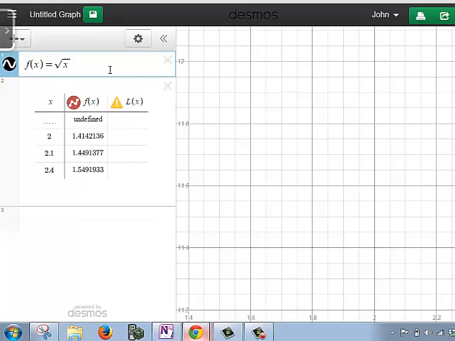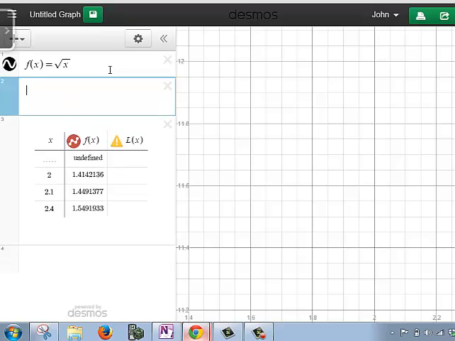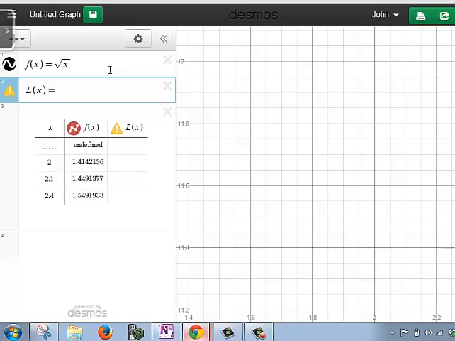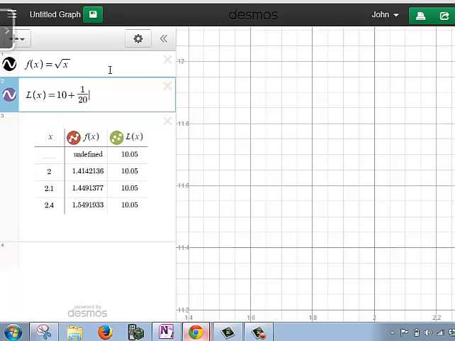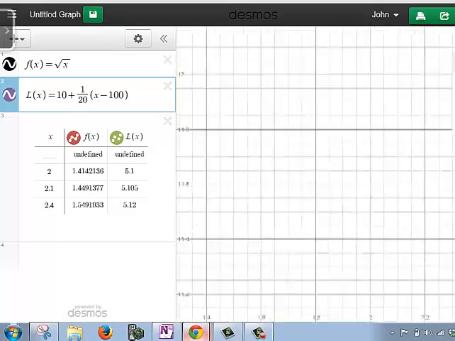I'm going to put in my linearization, capital L of x is equal to 10 plus 1/20th of x minus 100. So I have to zoom out so I can see the functions.